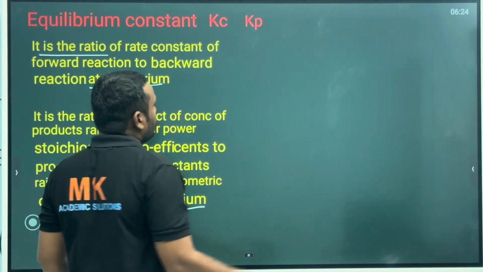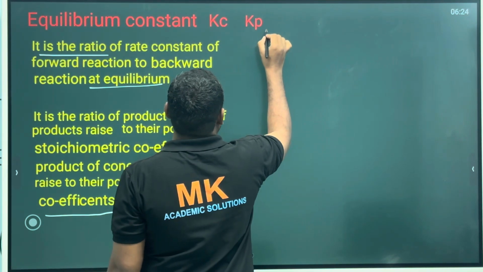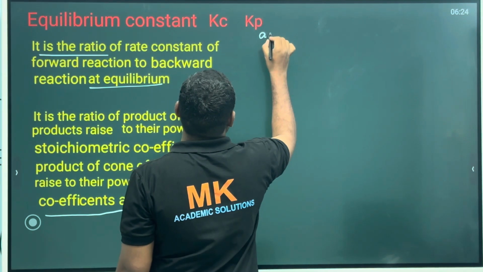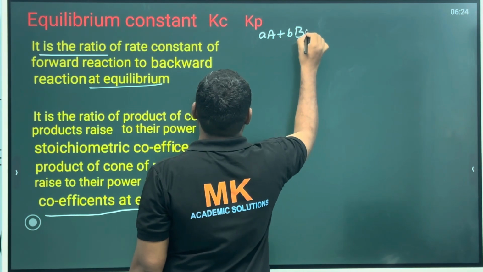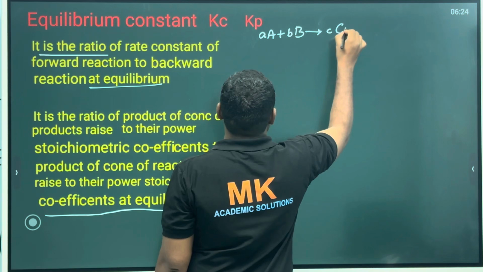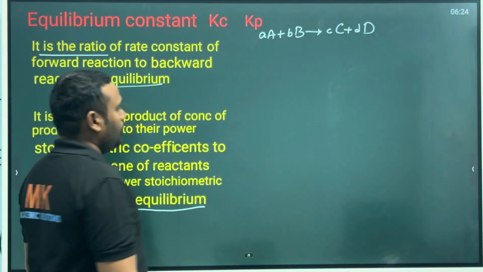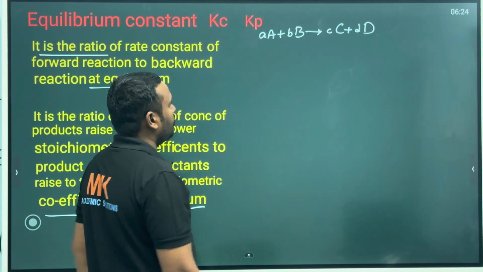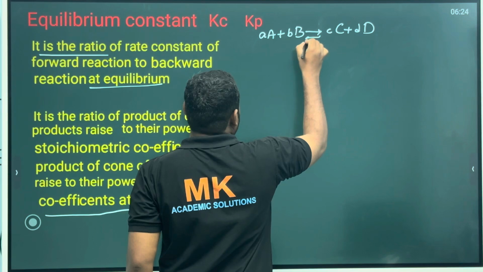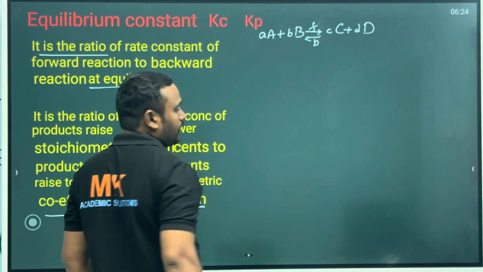Okay, so now just take that hypothetical equation, a moles of A plus b moles of B gives rise to c moles of C plus d moles of D. Now let us apply the law of mass action for the forward reaction and also for the backward reaction. This is the forward and this is the backward reaction.